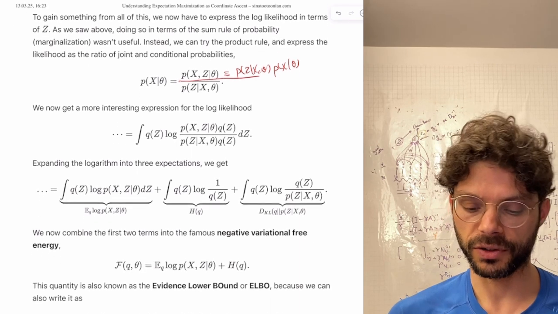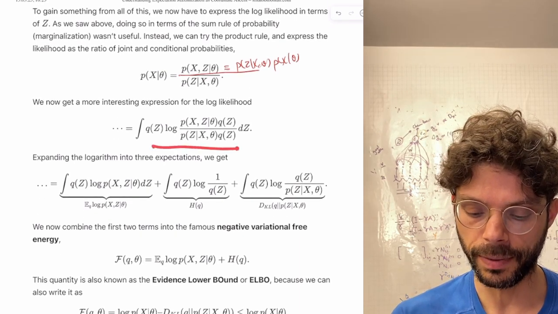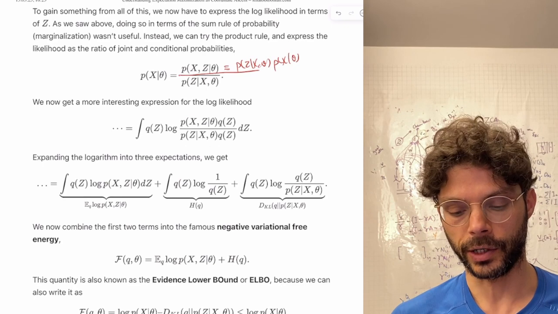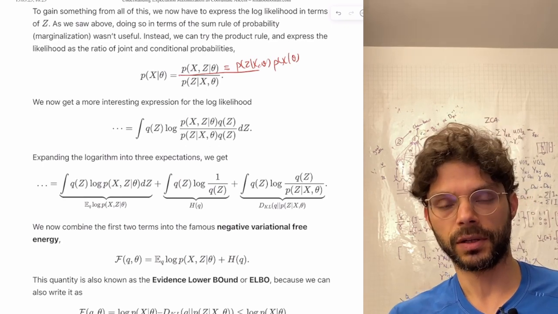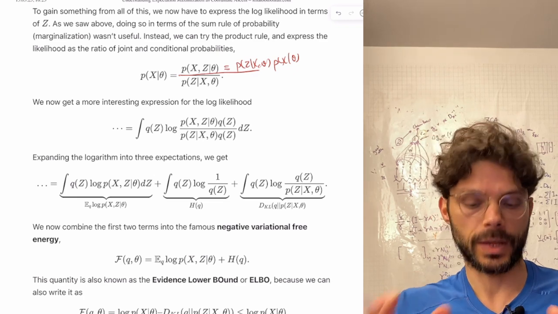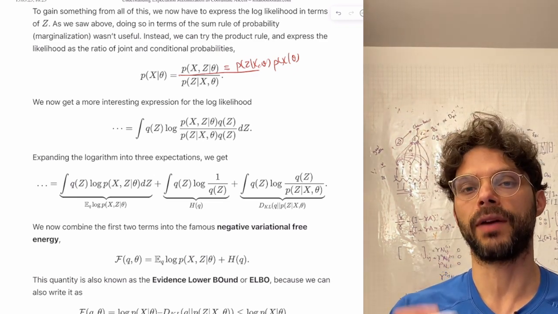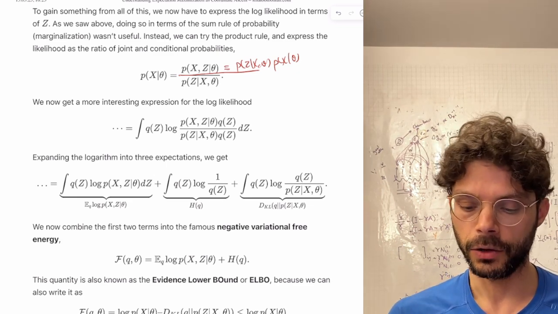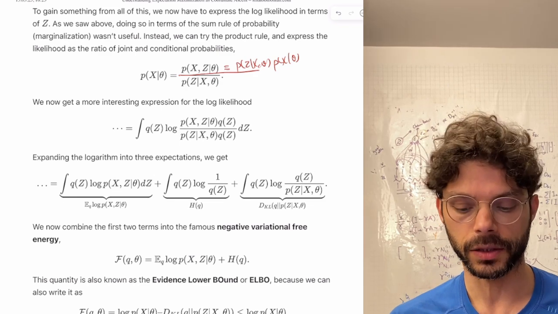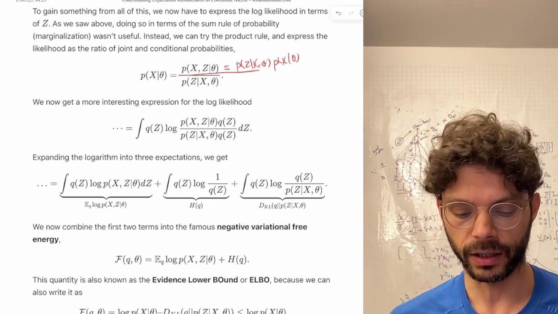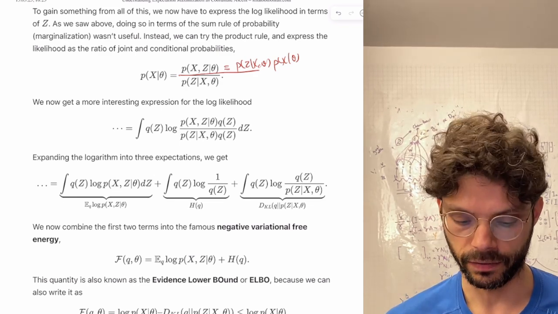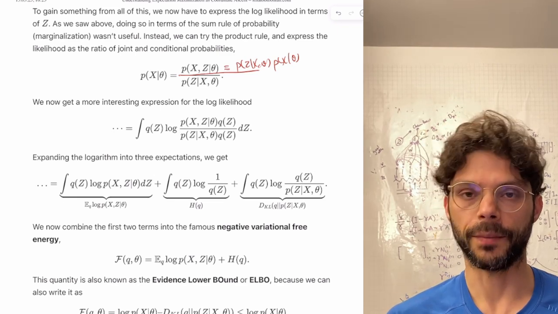Now all we do is expand out this logarithm term and combine terms in a particular way. If I recall from variational autoencoding, just as an aside, you can combine these terms in different ways. The way we're going to do it for EM is one particular way, but there are other ways of doing it.